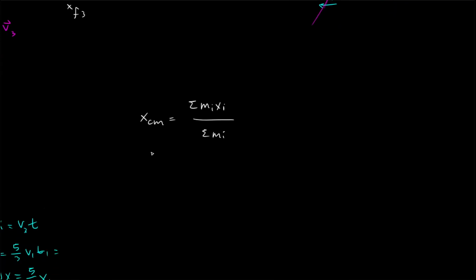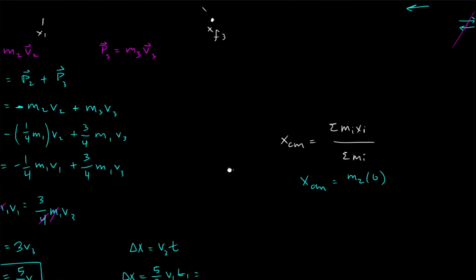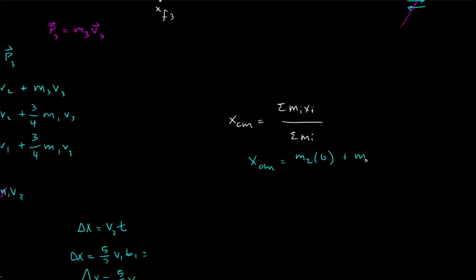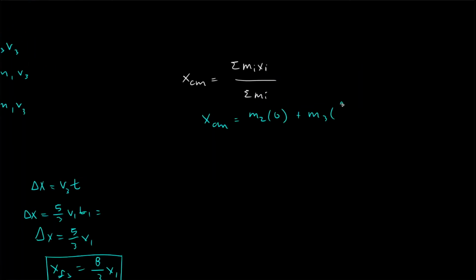Okay. So the center of mass is then m2 times 0, since it's at position 0, plus m3 times 8 thirds xi, all over m2 plus m3, which is equal to m1.